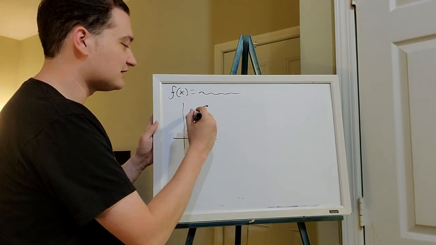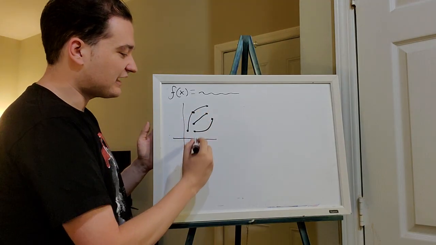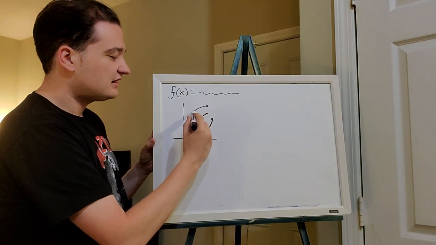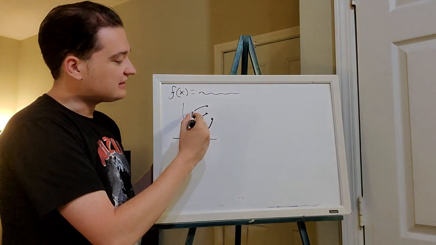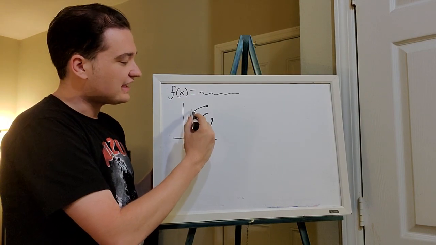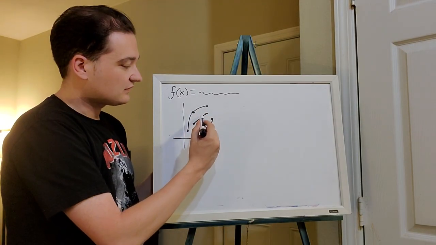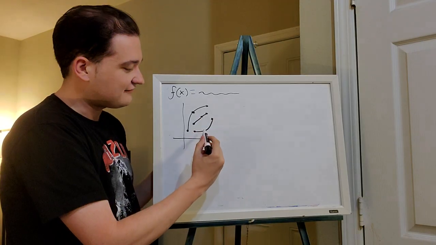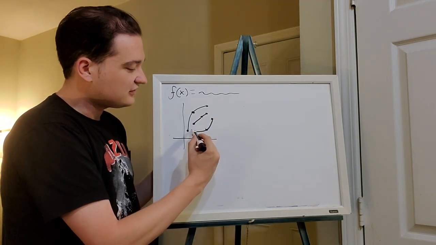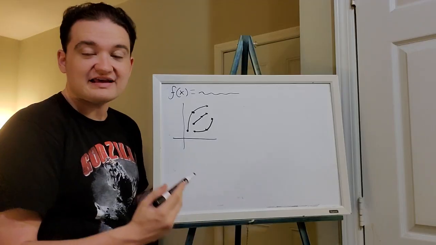So like, let's take this point. For whatever x value this is, the y value we get out of it, the f of x, it's bigger than the ones before, and it's less than the ones after. Take this point, bigger than the ones before, less than the ones after. Take this one, bigger than the ones before, less than the ones after.